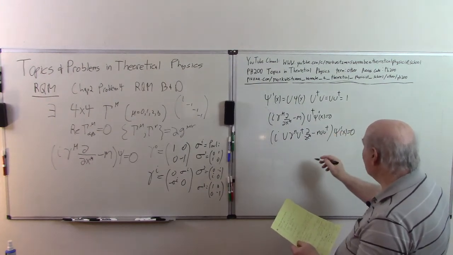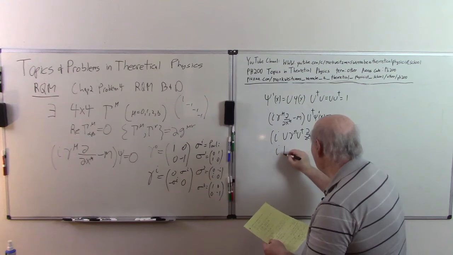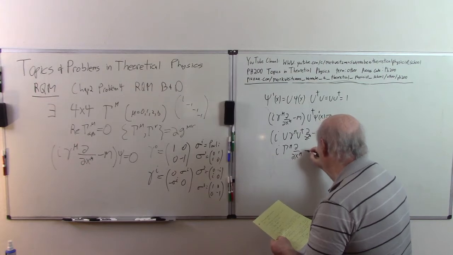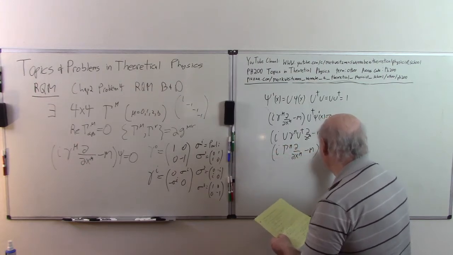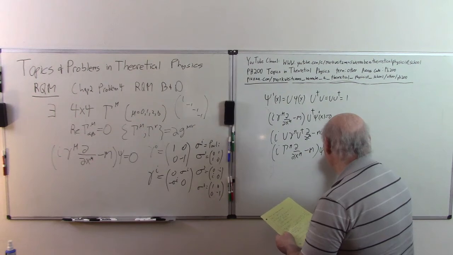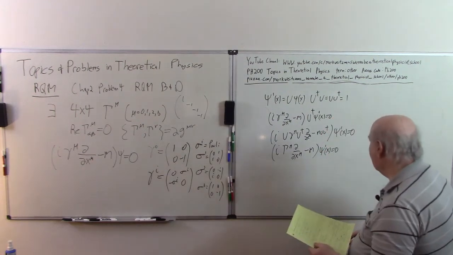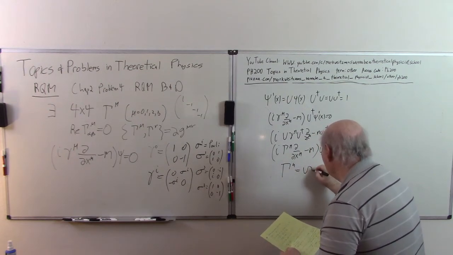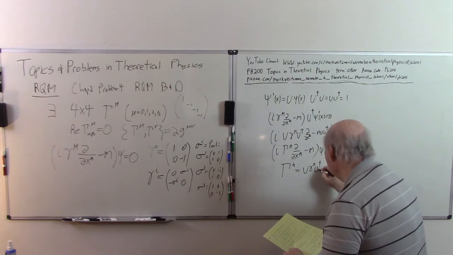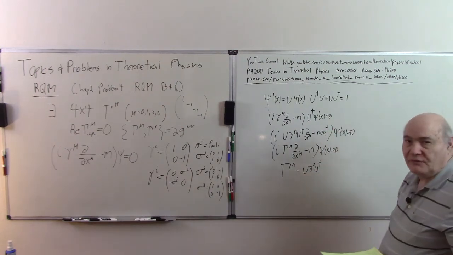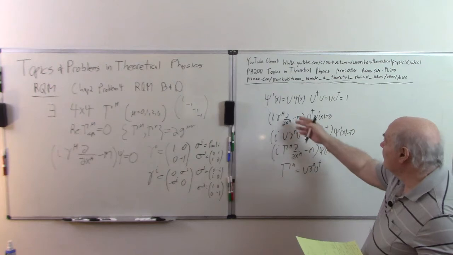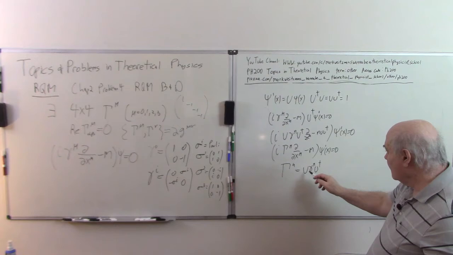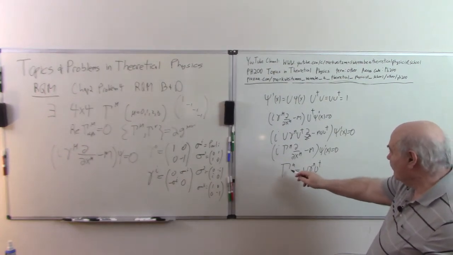So U U† is 1, and we end up with (iγ'^μ ∂/∂x^μ − m)ψ'(x) equals 0, where γ'^μ is equal to U γ^μ U†. This is the standard way a matrix transforms if we perform a transformation on the spinor. So we have to find a U such that the γ'^μ are all pure imaginary.